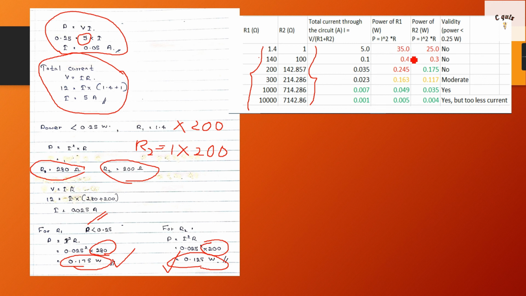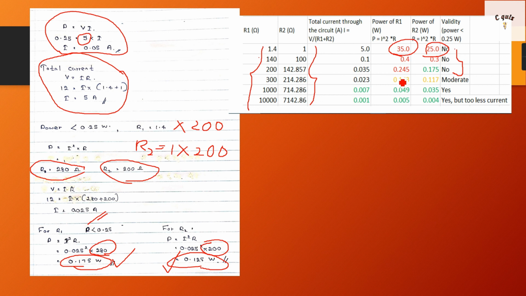Both powers here are too much, which means more than 0.25. So all these resistors are going to be destroyed because of this. So we can't use these three values for R1. This one we can use, but the problem is that P is near 0.25.